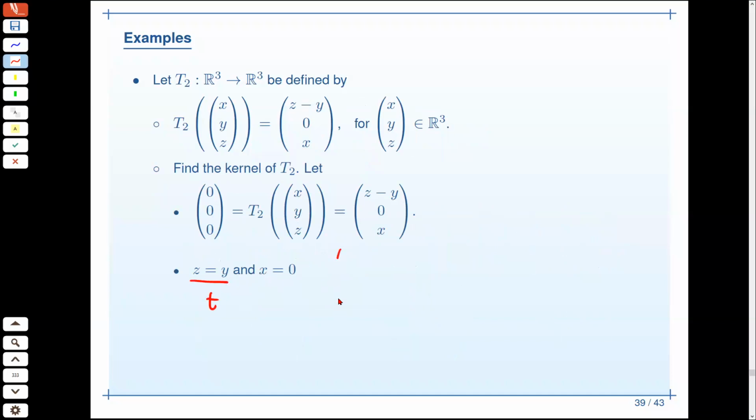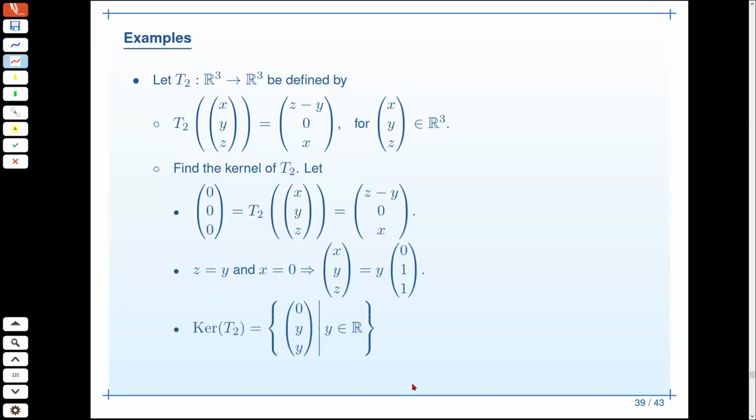So it is a scalar multiple of (0, 1, 1). Therefore, the kernel is the collection of all vectors of the form (0, y, y), which is the span of (0, 1, 1). So in this case, it is also a vector space.